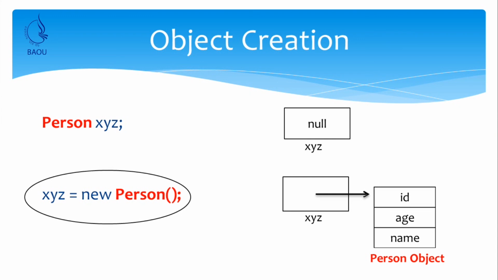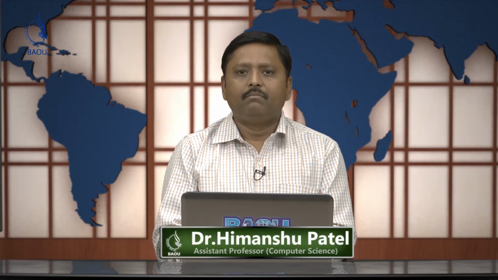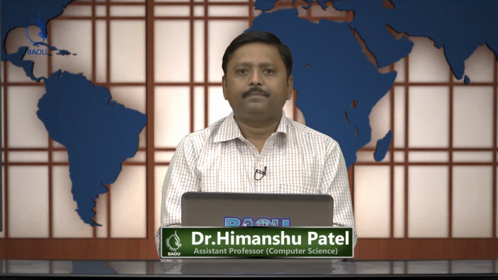So, it allocates memory for id, age and name depending on its type, and its address is stored inside xyz. So, you can access these members as xyz.id, xyz.age and xyz.name. So, this is how an object is declared and created. Remember, to actually create an object, we have to use the new operator, then and only then memory is allocated. So, whenever you create an object, new and class name is a must.